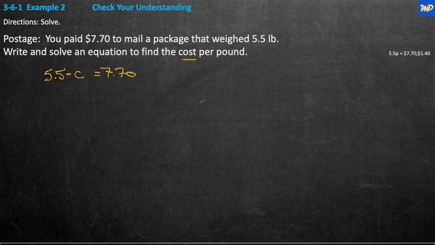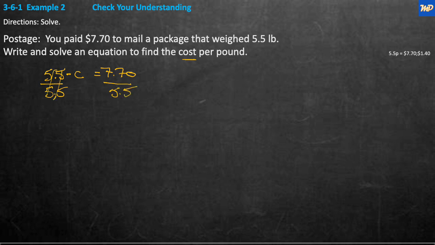Now we have to get C by itself. We multiply by the reciprocal of the coefficient of C, which is 1 over 5.5, or we can just divide both sides by 5.5.